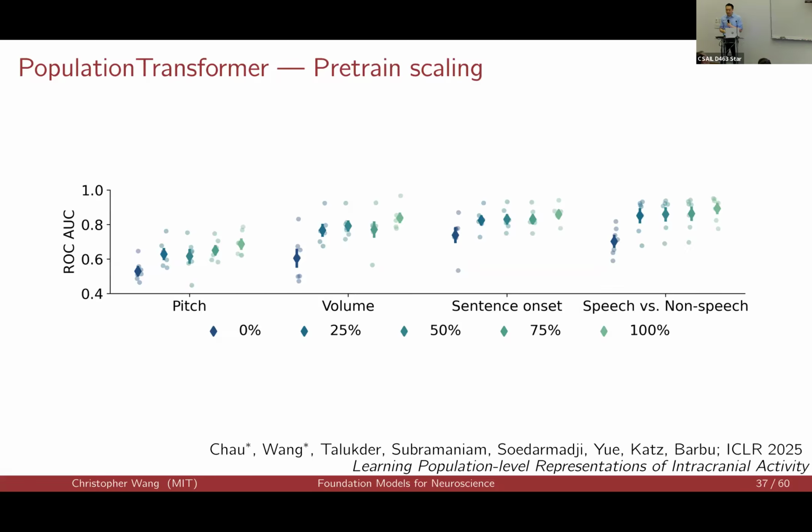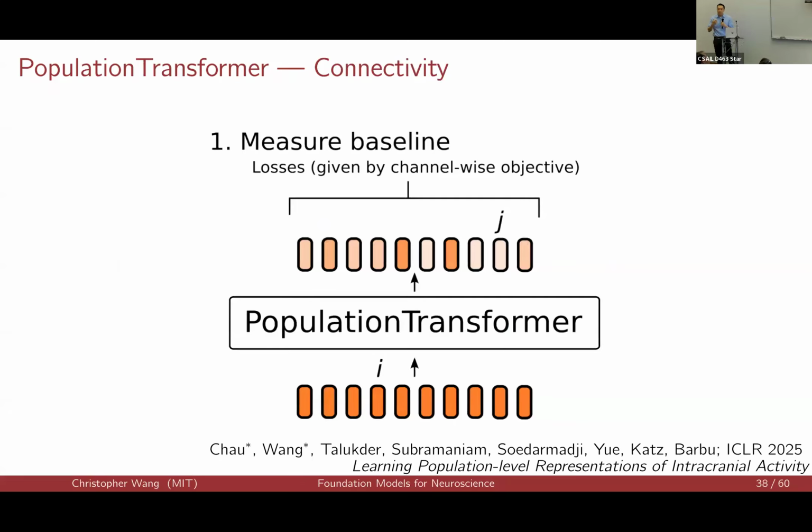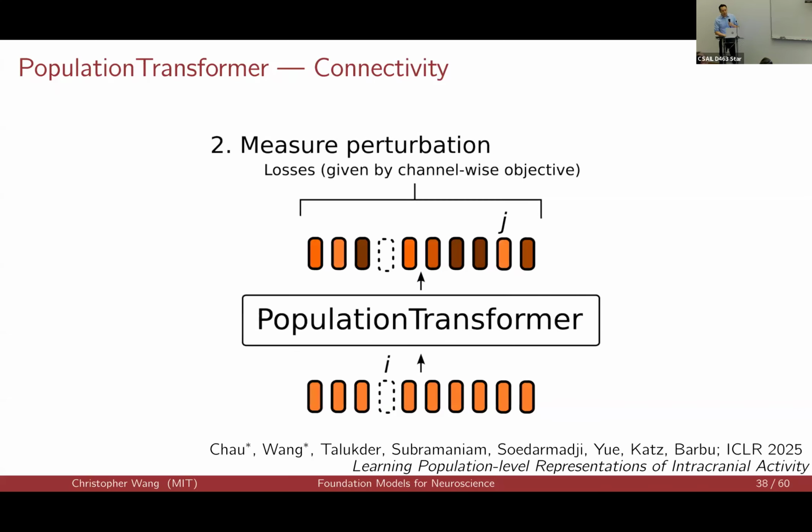But now that we have a model that learns contextual representations of individual channels, in the context of its neighboring channels, we have another way of getting at this information. What we do is hold out individual single channels from the input, and then on the output side, we measure how performance on the pre-training task degrades.